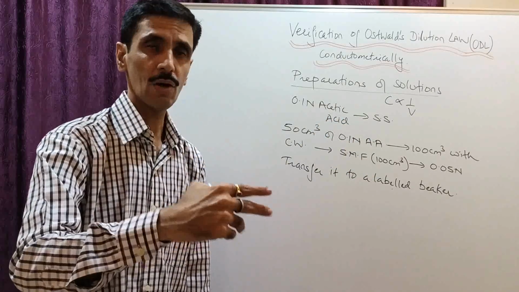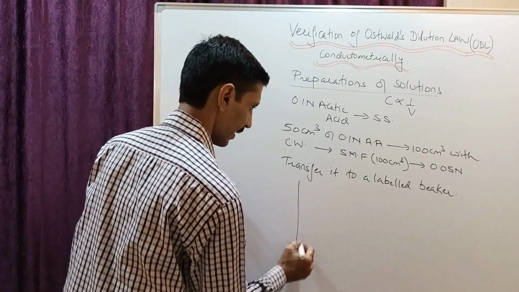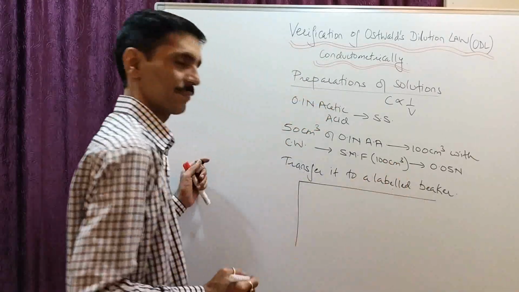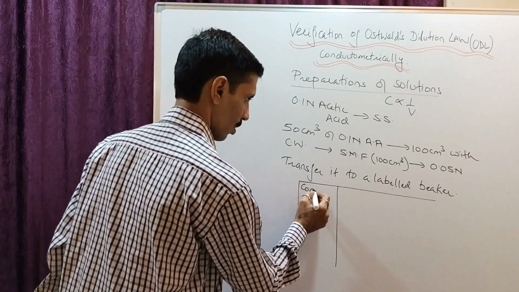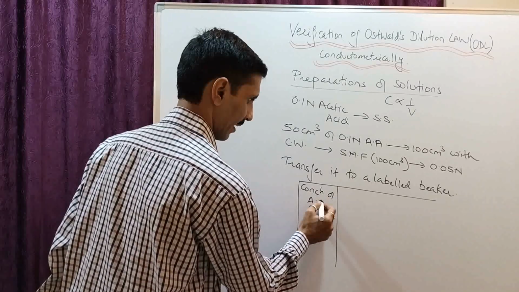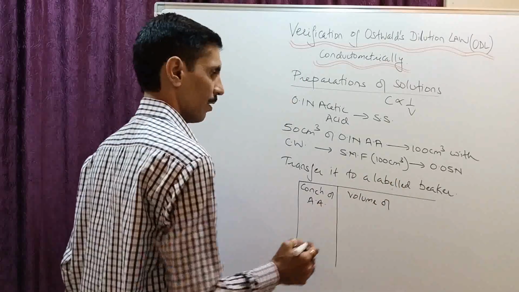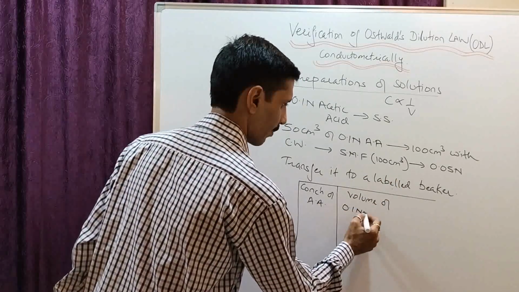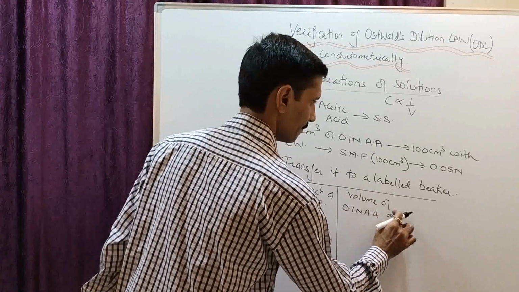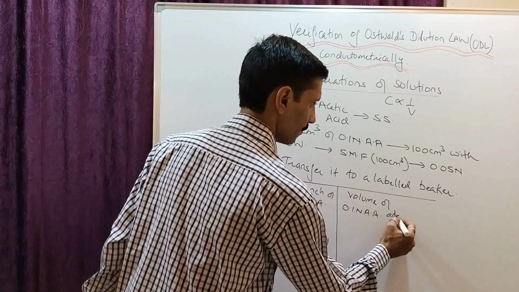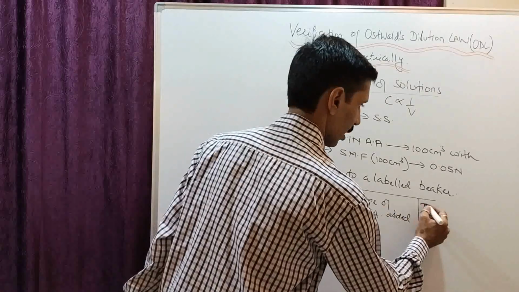उसी तरीके से फिर हमें और दो सोल्यूशन बनाने हैं. So what we are going to do is, I'll give you a table form so that you understand this very well. The columns are: concentration of acetic acid, volume of 0.1 normal acetic acid added, and then the total volume.